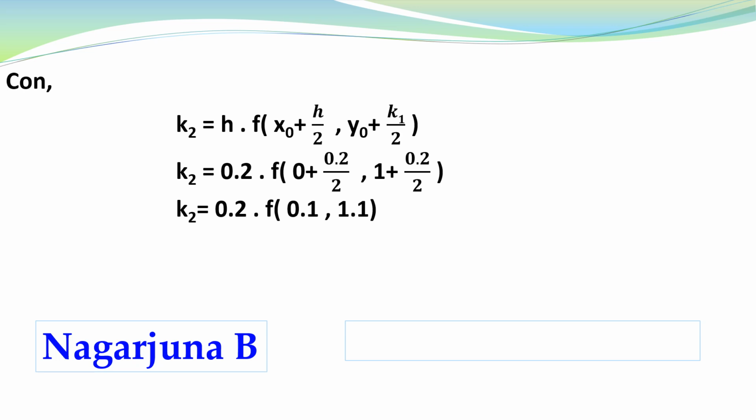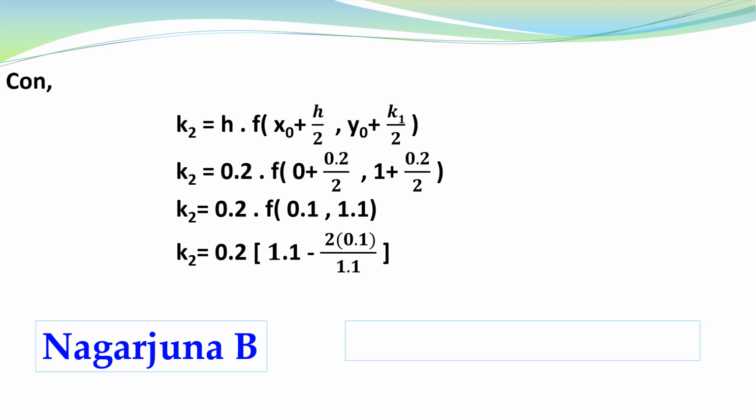So here x value is 0.1 and y value is 1.1. Therefore we can write k2 equal to 0.2 within the square bracket 1.1 minus 2 into 0.1 divided by 1.1.